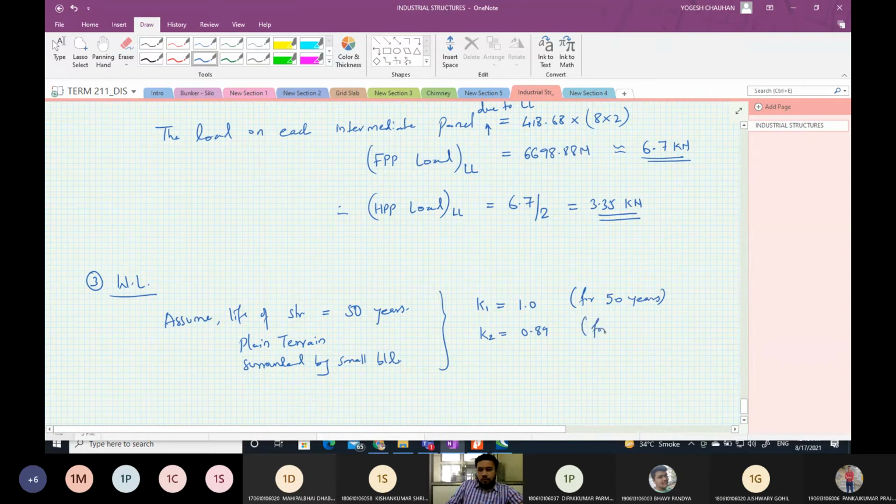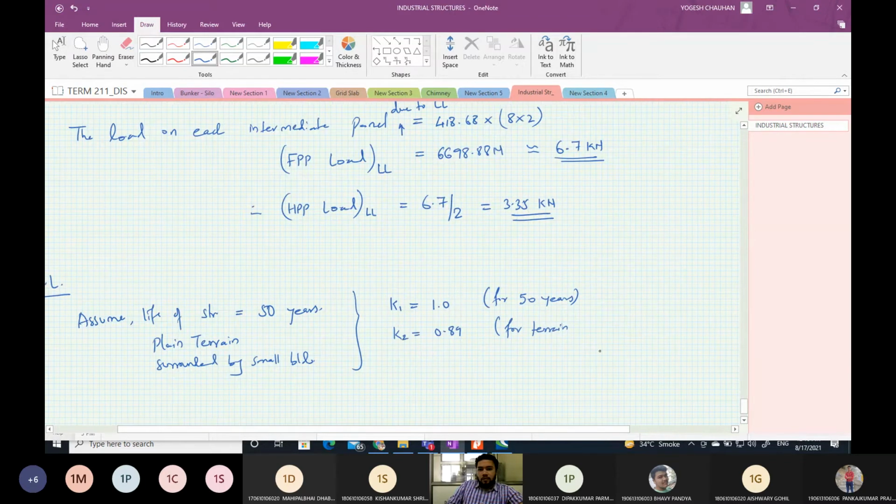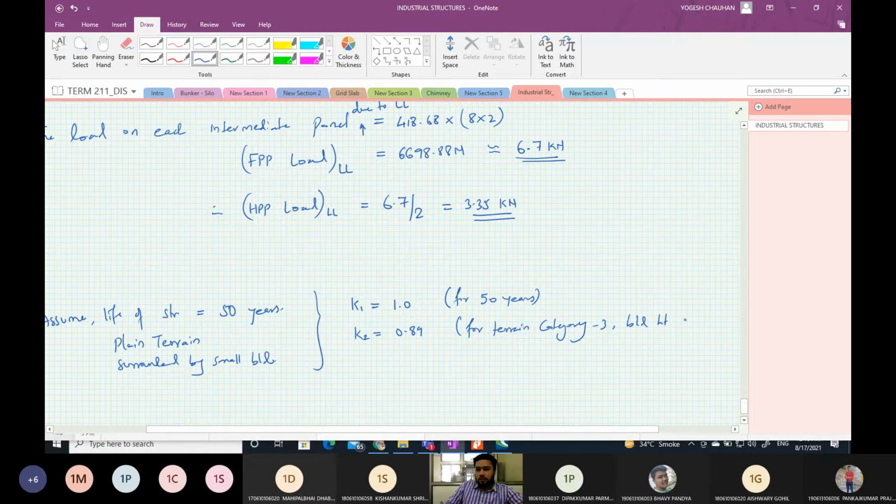This is for terrain category 3 and building height 11 meter, which is given in the data, and K3 is equal to 1 for plain terrain.